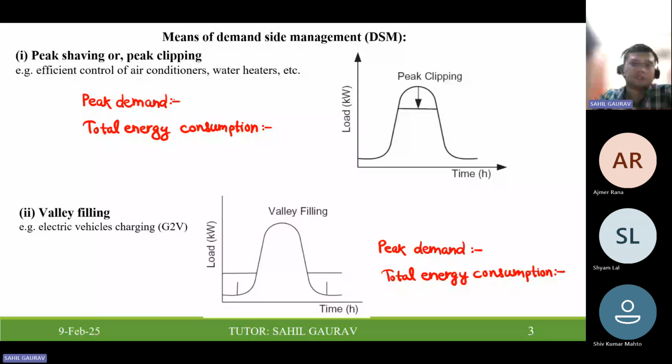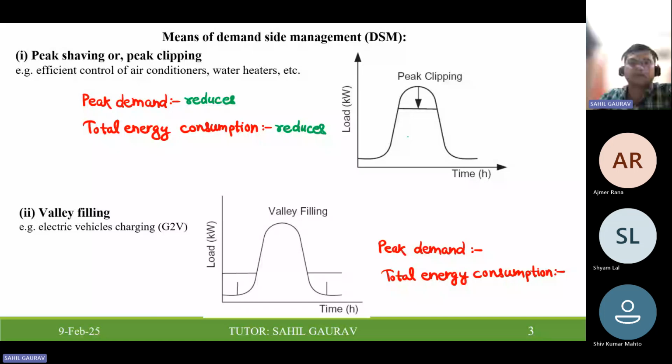Let me use another color pen. This is the load curve of a certain area, and what you are doing is clipping the peak demand, meaning you are reducing the peak demand. So how does it affect peak demand and total energy consumption?